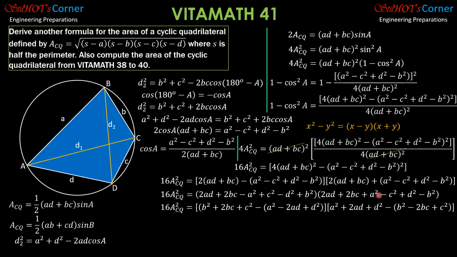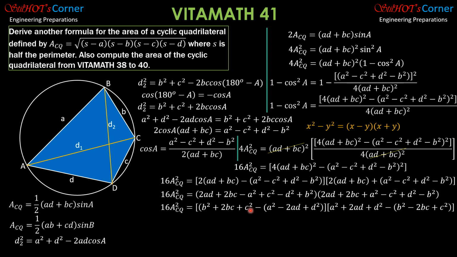Then A squared, which is A squared here, plus 2AD, which is this, then plus D squared, which is that, minus quantity B squared minus 2BC plus C squared, so that we have negative B squared. Negative of negative 2BC is positive 2BC, which is this, and negative of C squared is negative C squared, so that's correct.